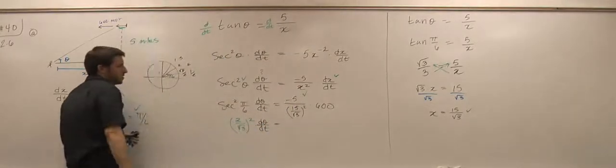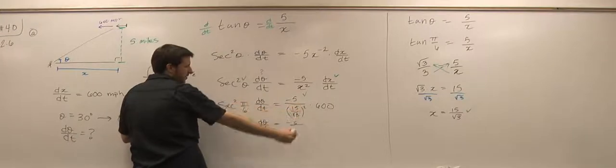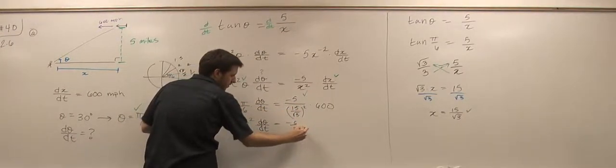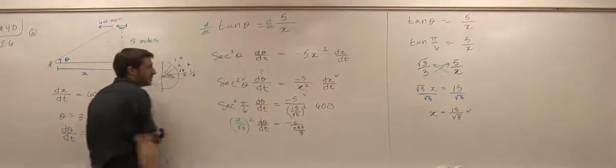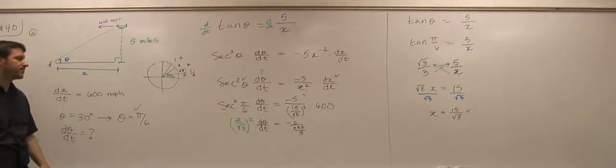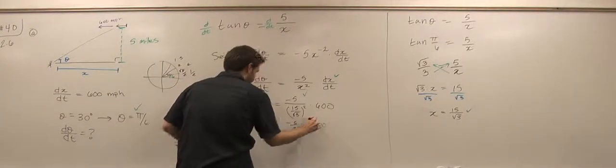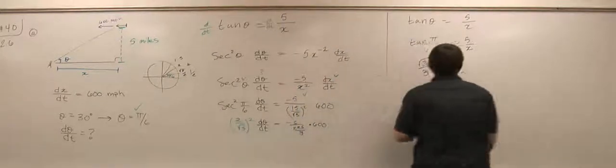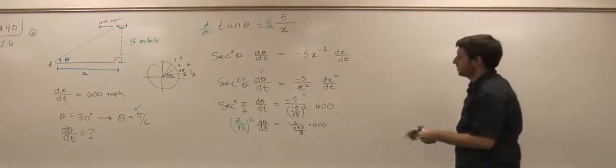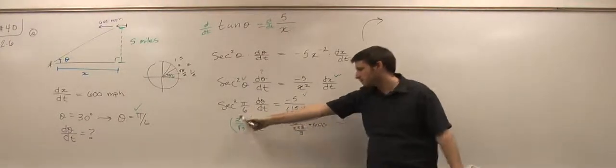What happens here? Negative 5 over, this looks like 225 over 3. All right, go ahead and square it out. 15 squared is 225. Root 3 squared is 3. And then times 600. Remember, square this out too.